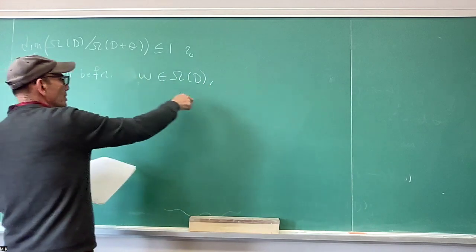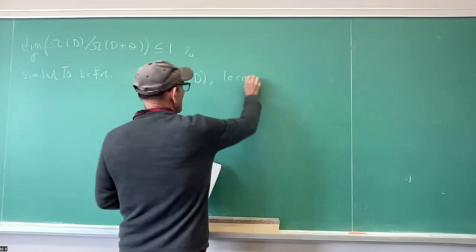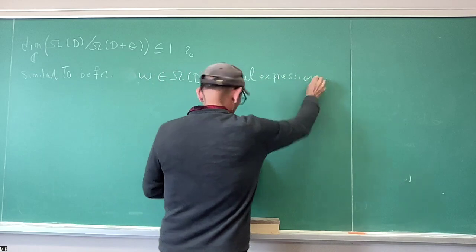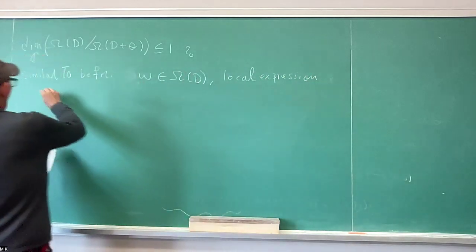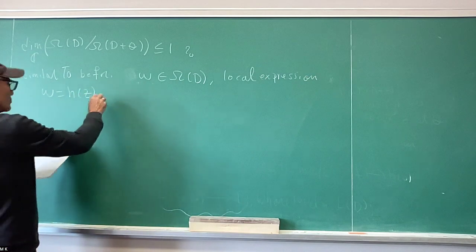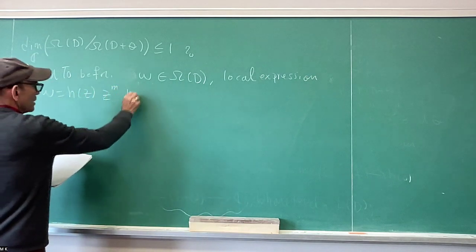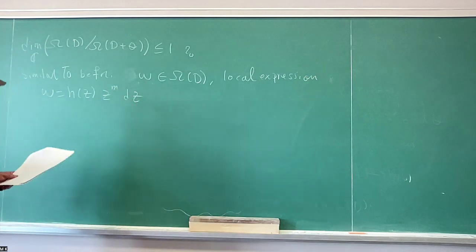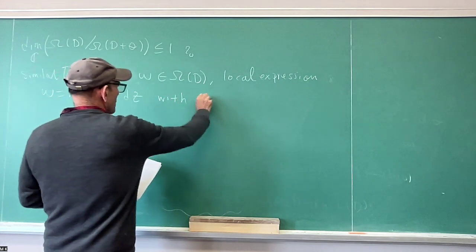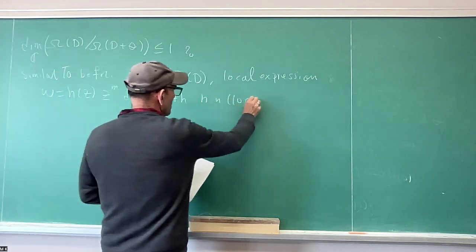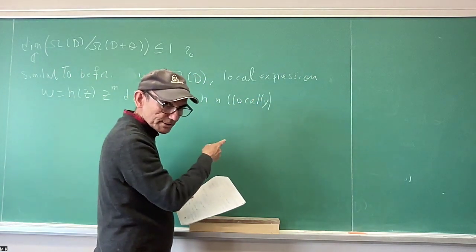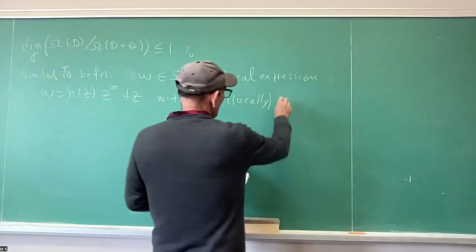I say any omega belonging has a local expression again, in local expression, which is of the form omega equals h of z, z to the power m, dz, where h now is holomorphic at 0. H is only locally. Everything depends on choice of local coordinate system, right? Is only locally holomorphic at 0.